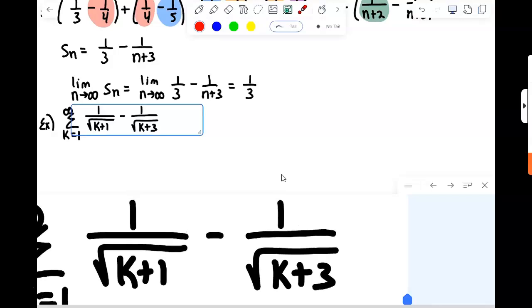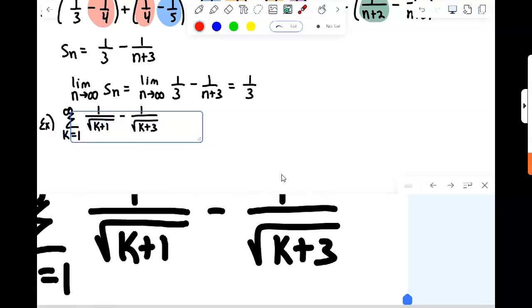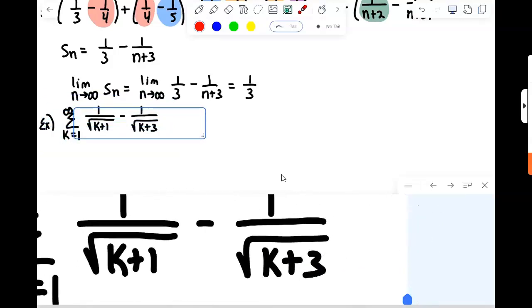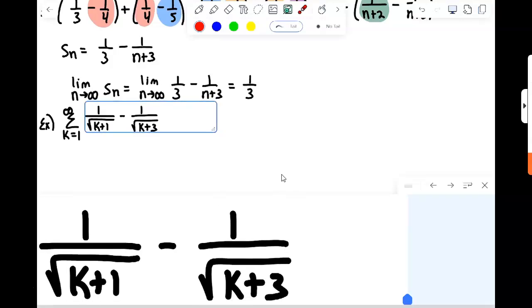It's a difference of two fractions where the pieces involve k plus something. Because k is going from 1 to infinity, you're going to take on a lot of values, and when you have a difference like this, a lot of things will end up disappearing.